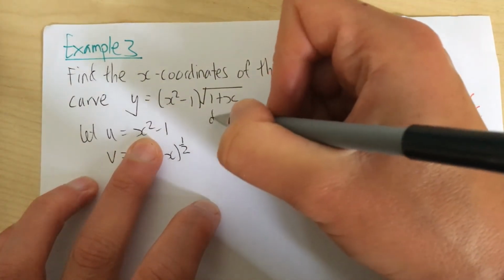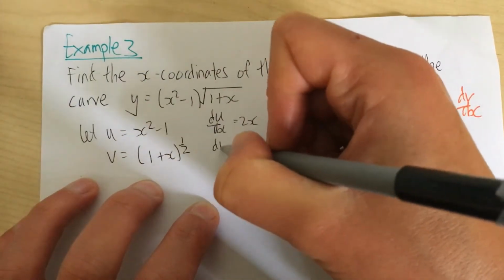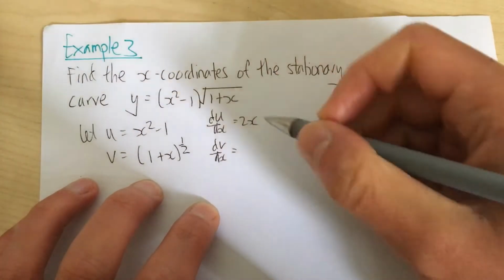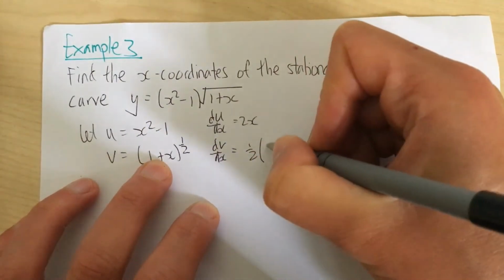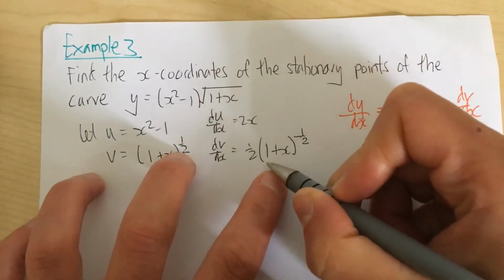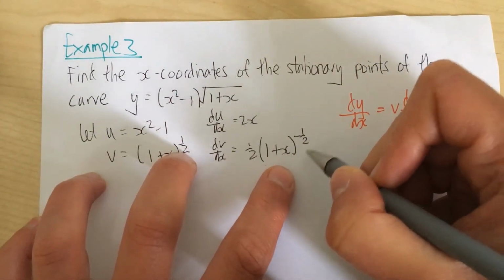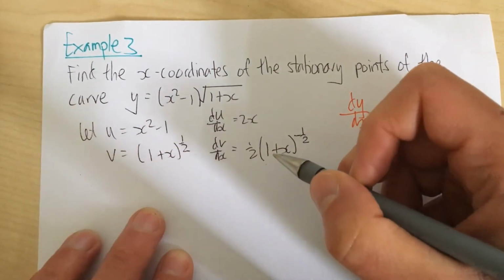Looking at this first one, du by dx is 2x, and in this second one, dv by dx, using the chain rule, becomes a half, multiplied by the brackets, take 1 off the power, multiply it by the derivative of what's in the brackets, in this case 1, so we multiply it by 1, so it stays the same.